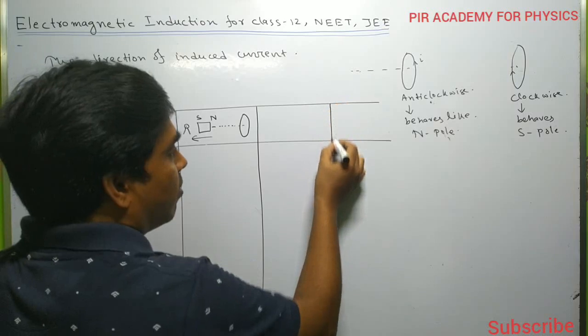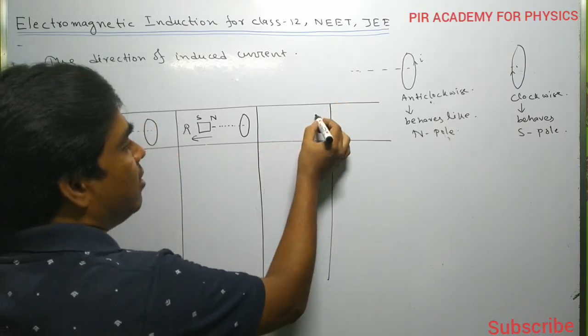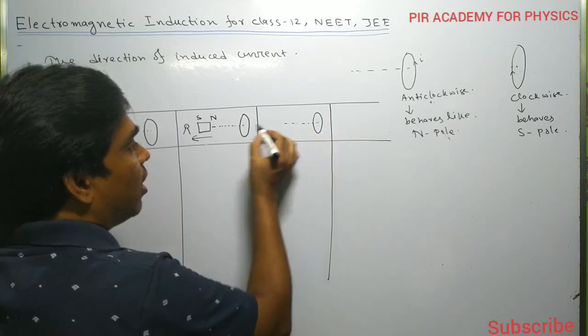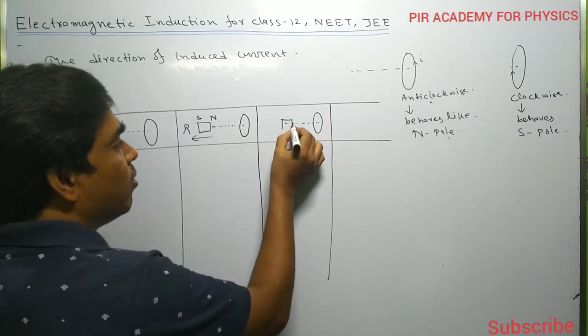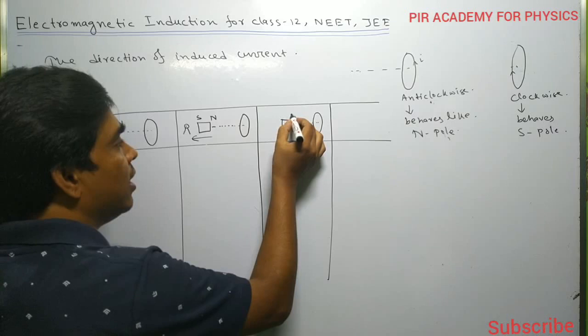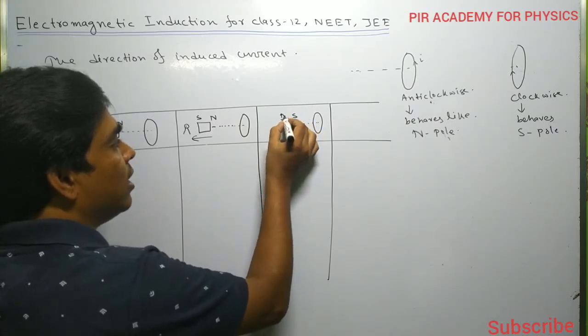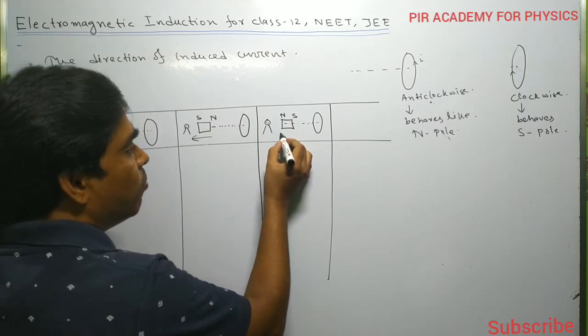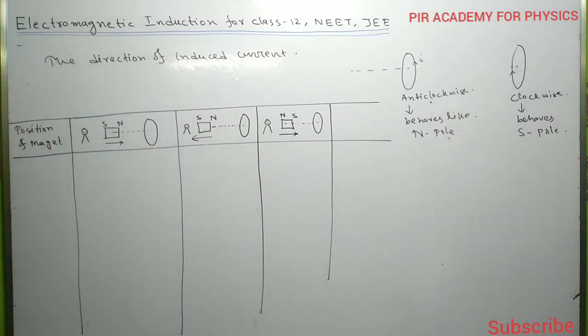And here this is a loop and this is a bar magnet, here is the south pole and here is the north pole, here is an observer, and this magnet moves along this direction.